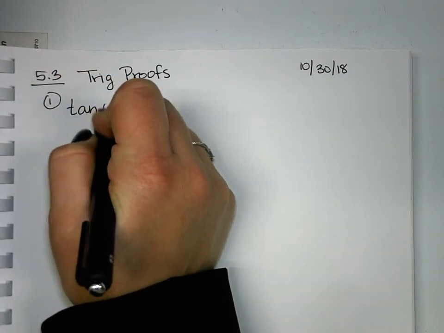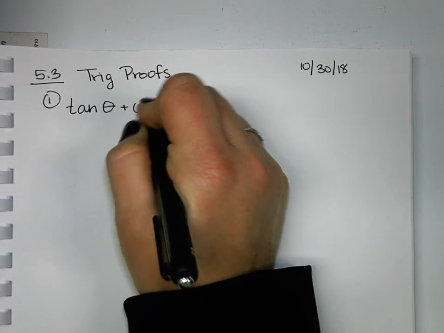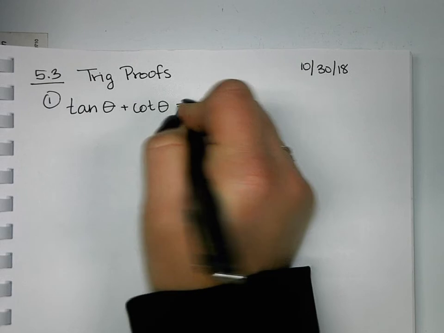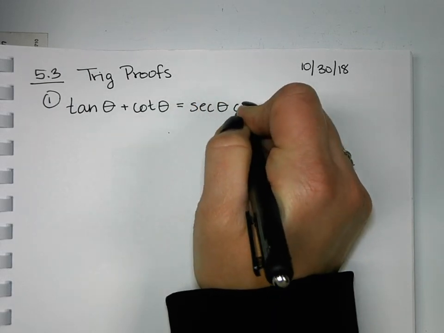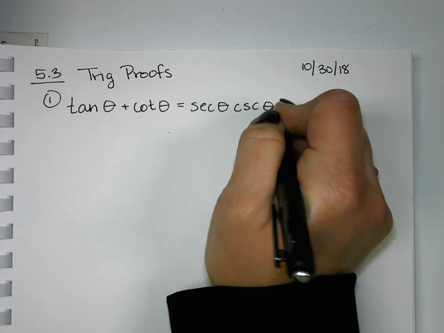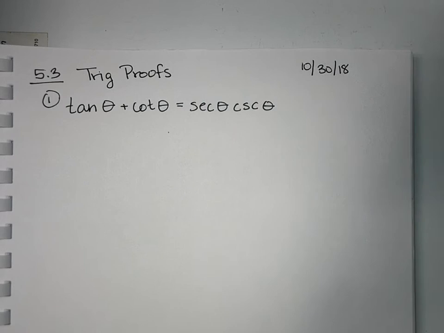So the equation that's given to us: tangent theta plus cotangent theta equals secant theta times cosecant theta. So you'll be given an equation, and what you want to do is pick a side to work with.